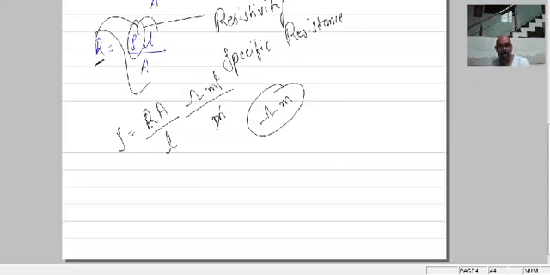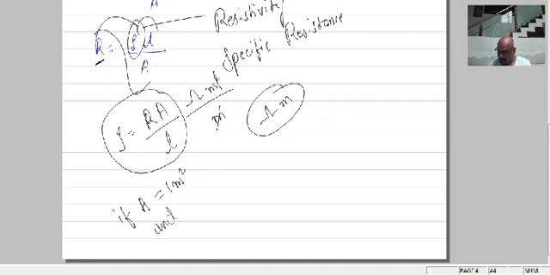Rho is equal to RA divided by L. If you look at this equation, suppose area is equal to 1 meter square and length L is equal to 1 meter.